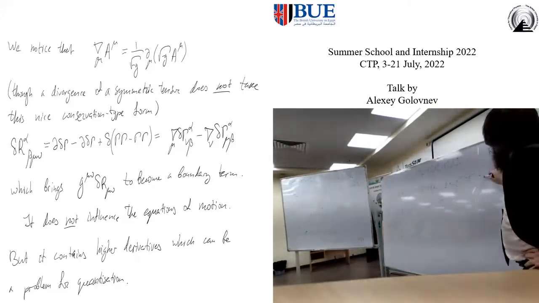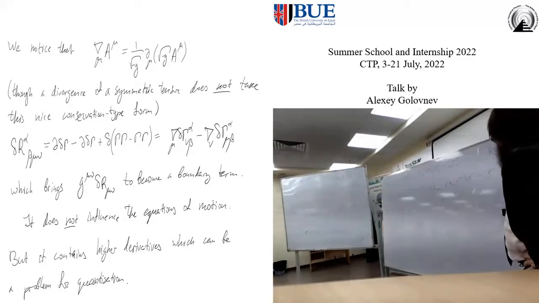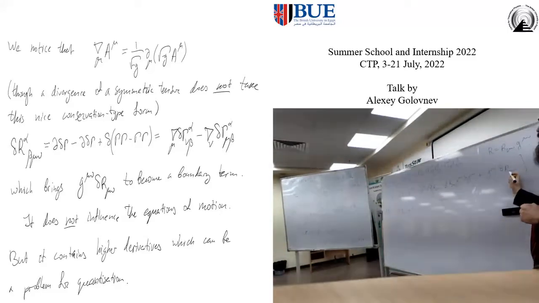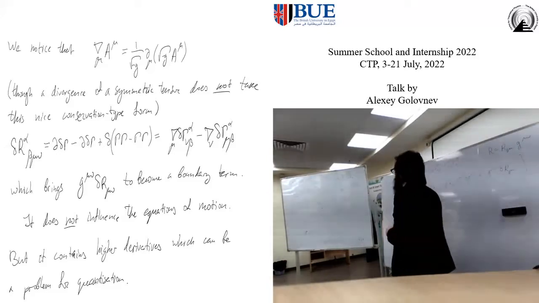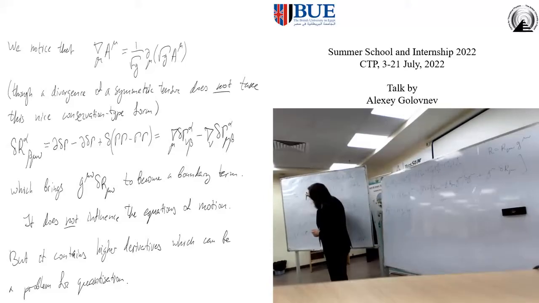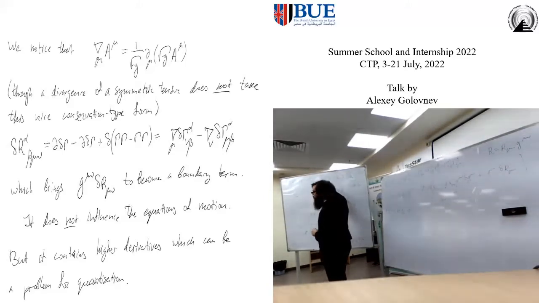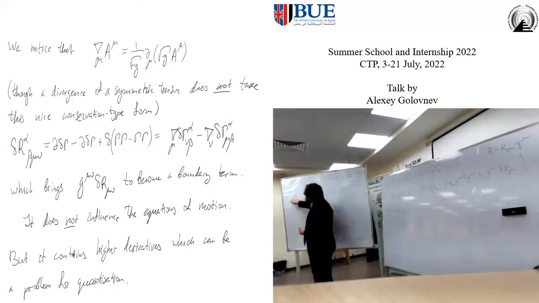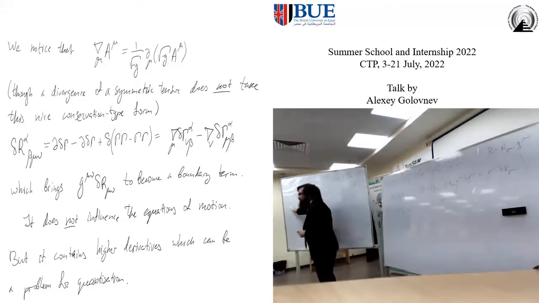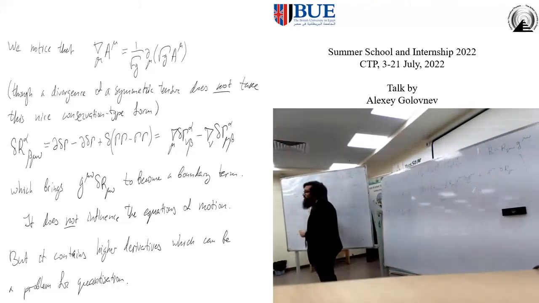So the question is, what happens to this variation here? And that's a funny point, because in principle, that's something which might look problematic. Why? Because if you look here, the connection coefficient has first derivatives. And then you define the curvature tensor, it has first derivatives of gammas, which means that you get second derivatives of the metric.